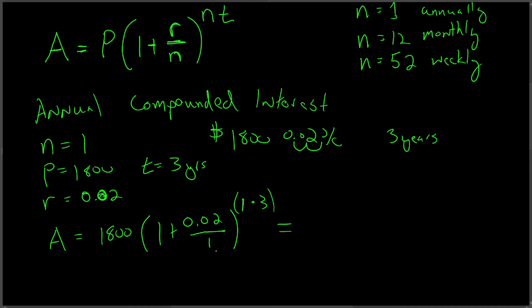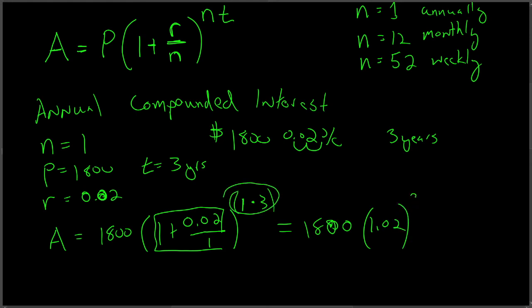But if I work this out here, this is 1,800 times 1.02, and I work this out to the third. And so I put all that on the calculator and get $1,910.17. And that's the total amount paid back in those 3 years.